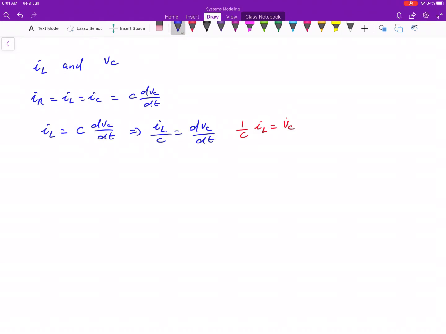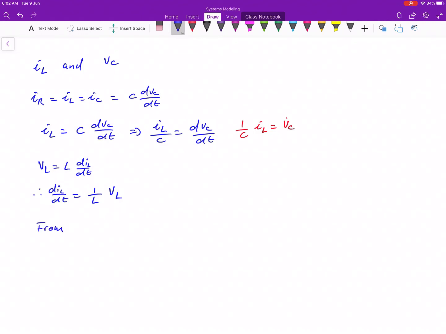And we know that the voltage across the inductor VL is equal to L dIL dt. This implies that dIL dt is equal to 1 over L times VL. Now, we are going to use Kirchhoff's voltage law.